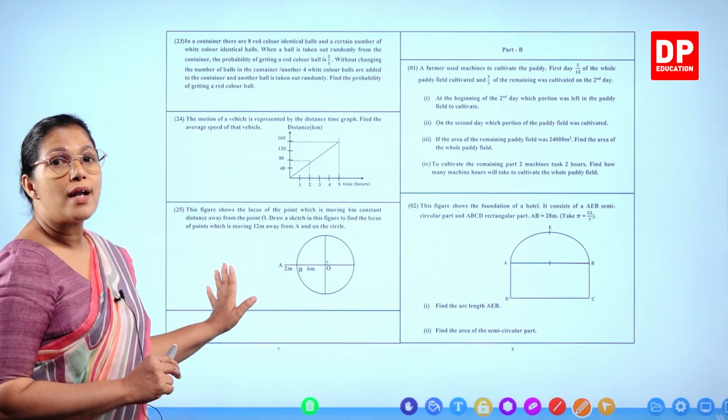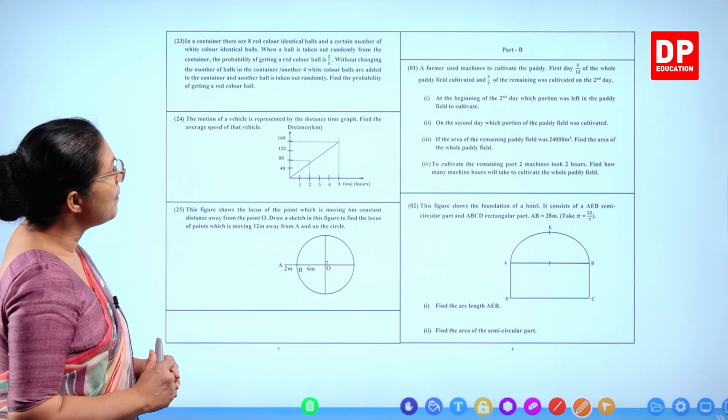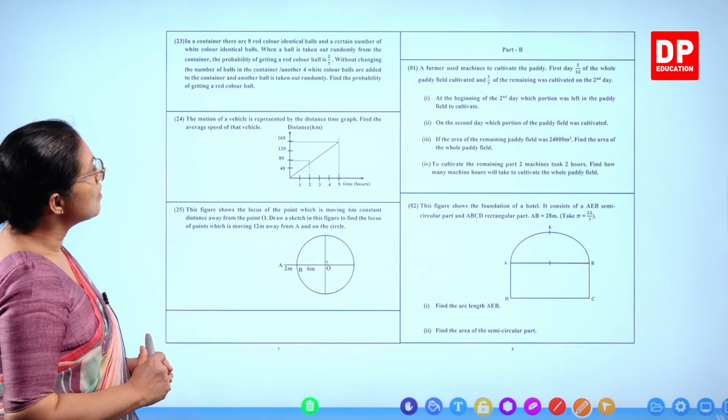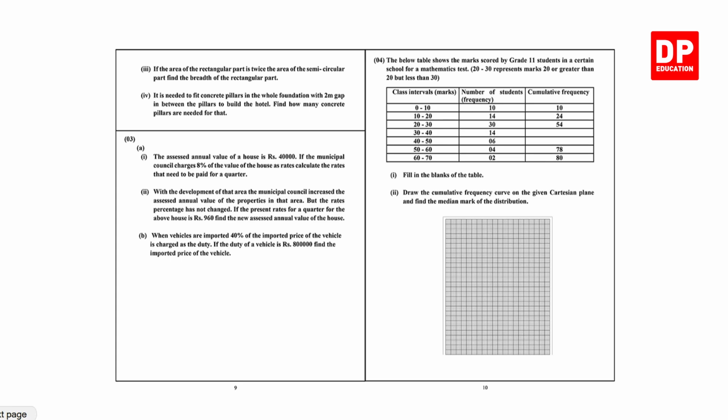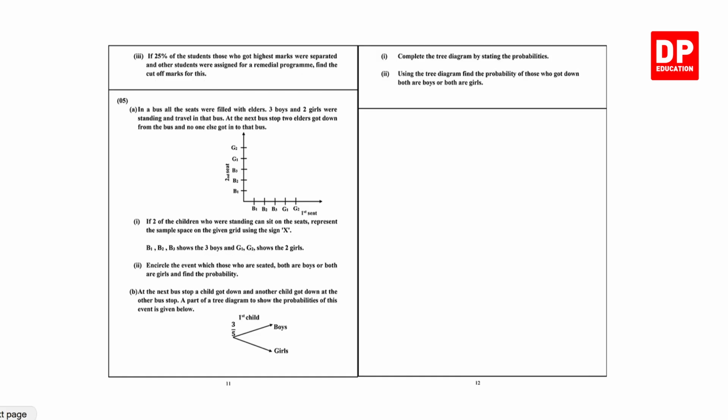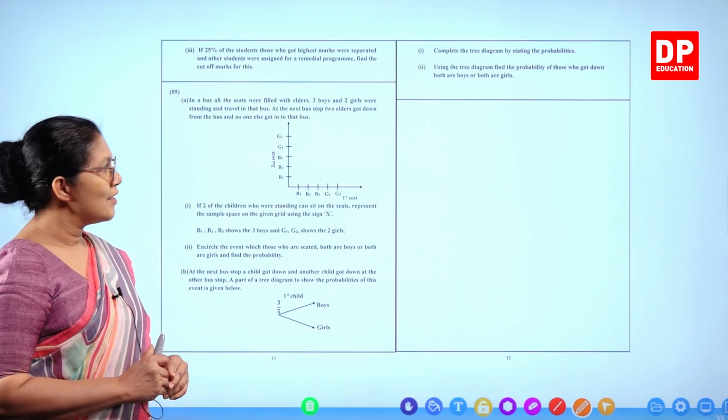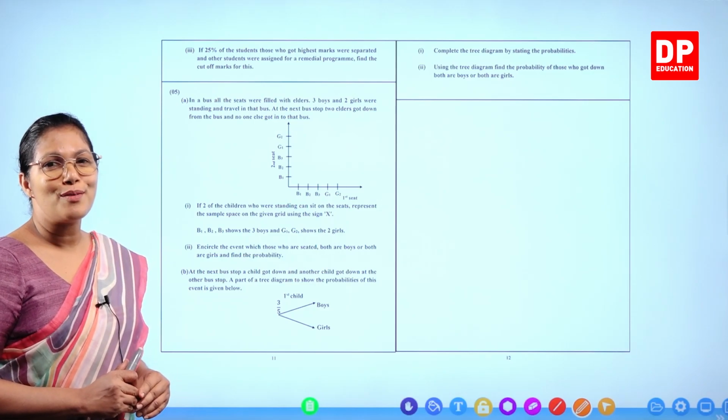That's part A. Then you get part B, 5 questions. Question number 1 and question number 2. Then the continuation of question number 2, 3, 4. And then you get 5. That's the last question. So let's do this question now.